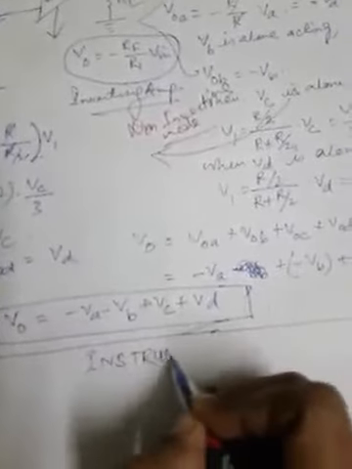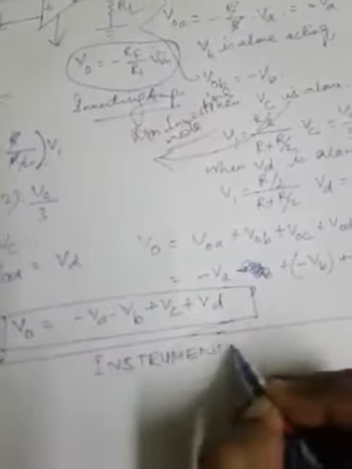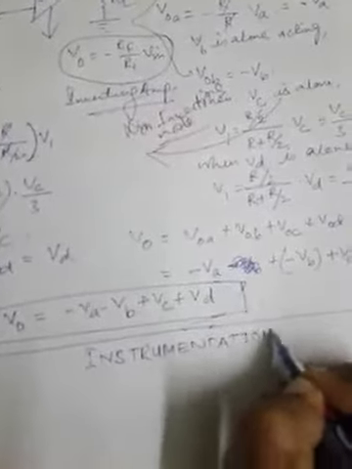Let us now move on to our next topic on instrumentation amplifier. This is another op-amp application. In many industrial and consumer applications, the measurement and control of physical conditions are very important.